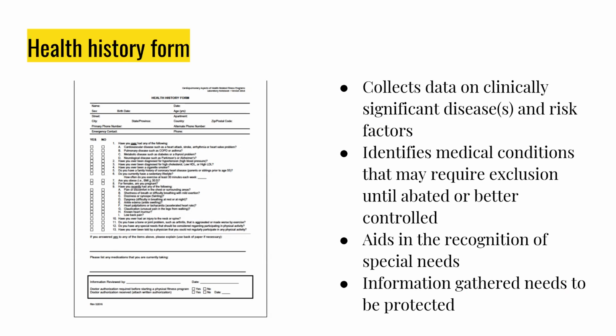That's part of the privacy of your client, that you need to keep that data safe and private. Since it asks questions like, have you ever had any of the following, right? Cardiovascular disease, pulmonary disease, or metabolic disease, and so on. So you get practice in lab as well, filling out this form.